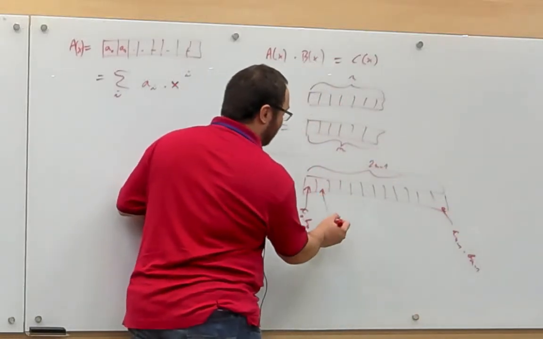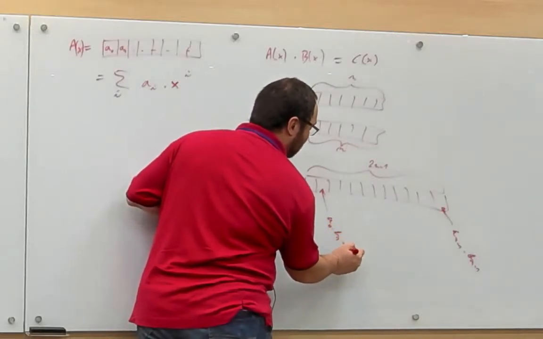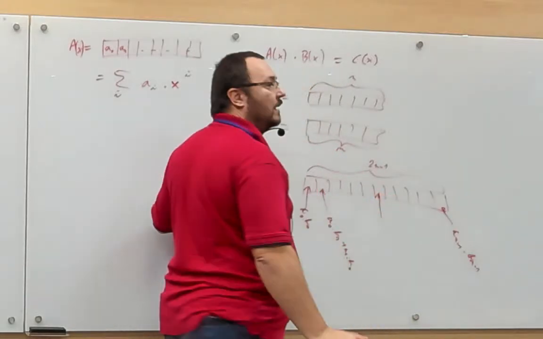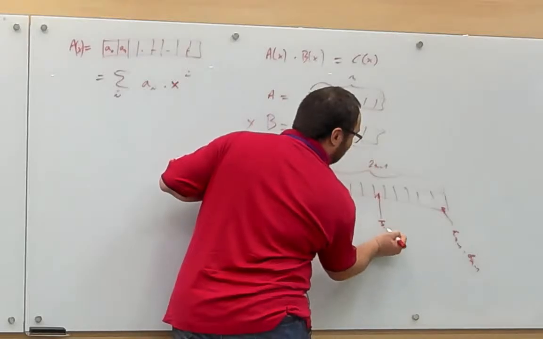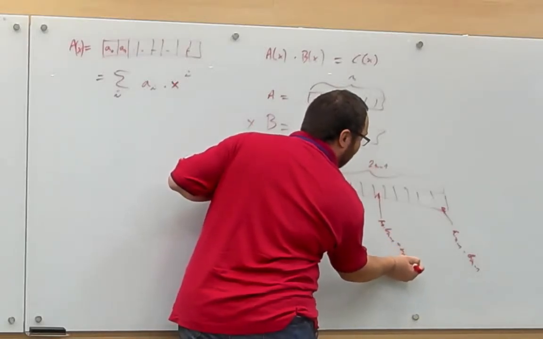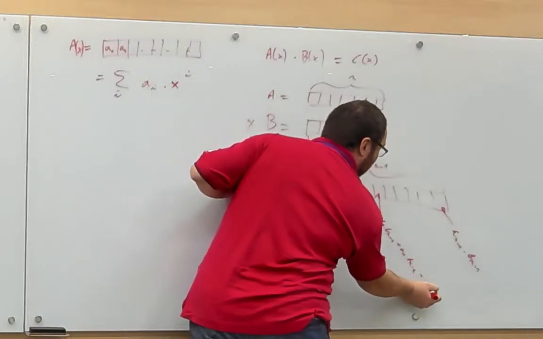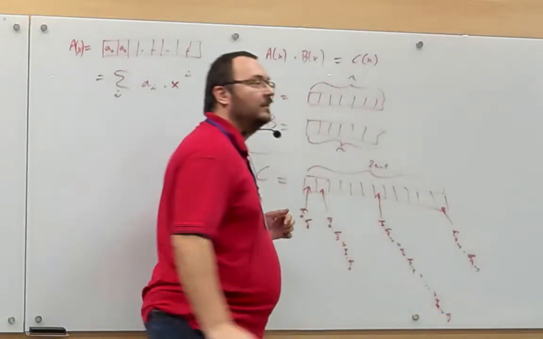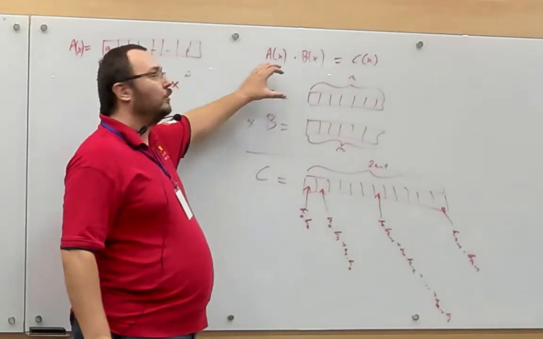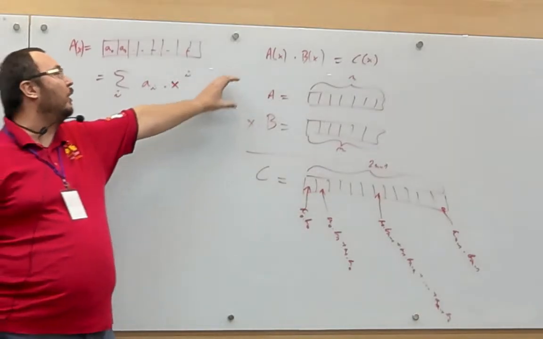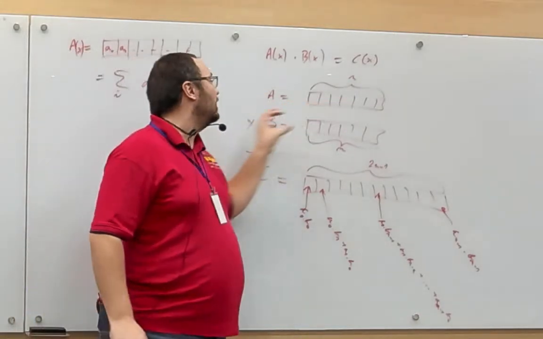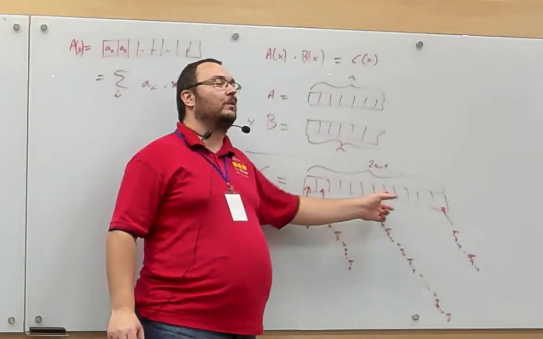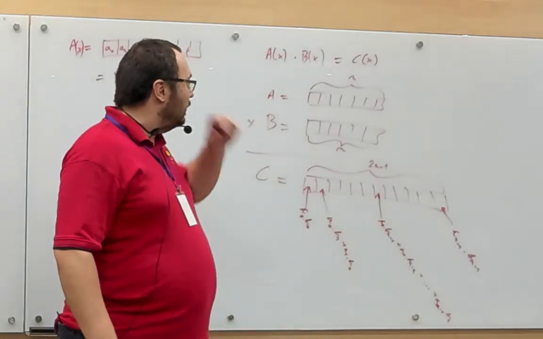This value here will be a0 times b1 plus a1 times b0, and the value in the middle would be a sum of n terms, so this will be a0 times b n minus 1 plus a1 times b n minus 2 plus and so on plus a n minus 1 times b0. So if you use an efficient algorithm to go from this vector of coefficients and this vector of coefficients to the vector of coefficients of the product, the meaning, the values you will get here is this.